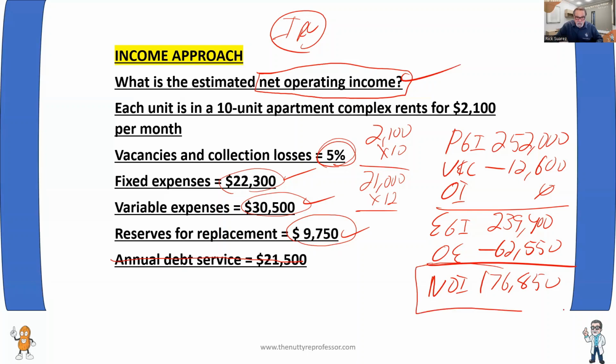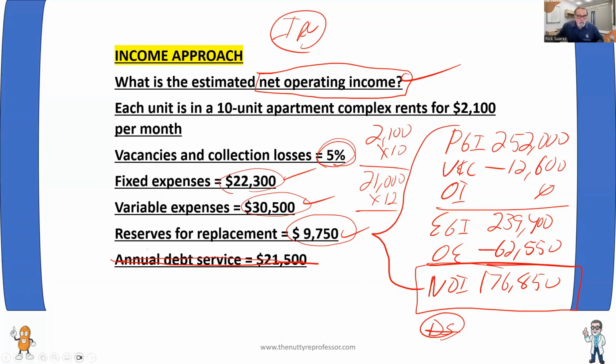This is the answer, and it ends right there. You notice that the annual debt service, which I took out at the very beginning, is not part of this right here. Debt service comes after this, and that will be for another math problem that you will see down the future.